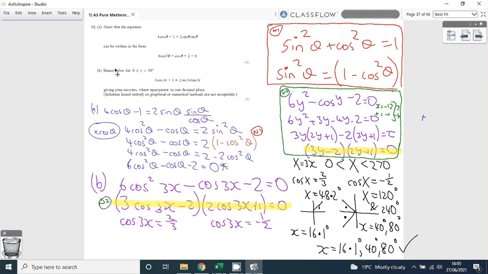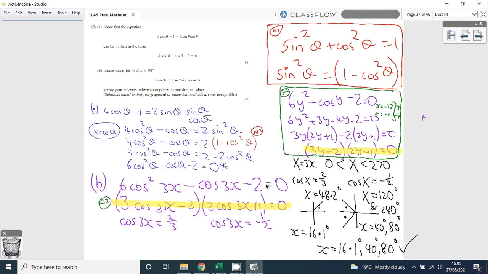Now for part B, the new equation we've been given here is effectively the opening equation with theta being replaced by 3x, and we're told that that can be written in that format, so we can rewrite part B in this format, replacing theta with 3x. So our opening line is this line here. Now we can factorize that.